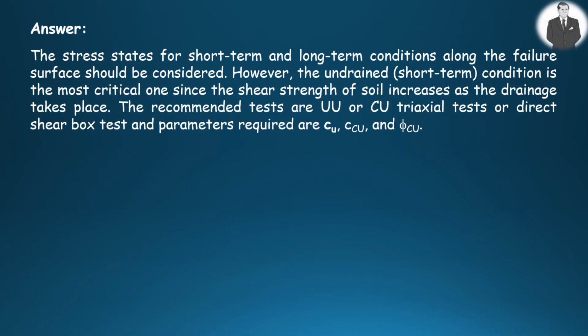Short-term and long-term stress state conditions along the failure surface should be taken into consideration. Nevertheless, the undrained condition, which is the short-term condition, is the most critical one because the shear strength of soil increases while the drainage takes place.